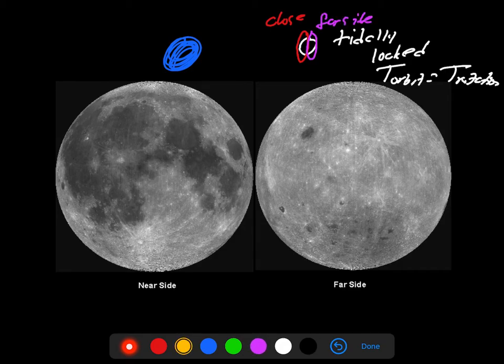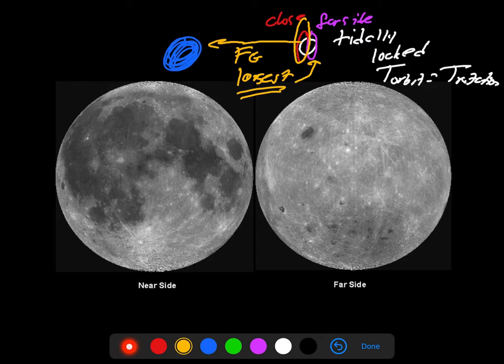And because this side is closer, the force of gravity is going to be larger on this side of the moon relative to over there. So you have this half of the moon that, ever since tidal locking, has been closest to the Earth, so the gravity is stronger on it.